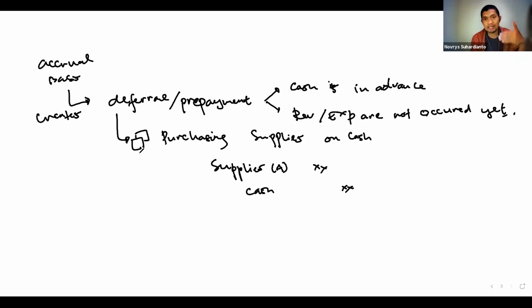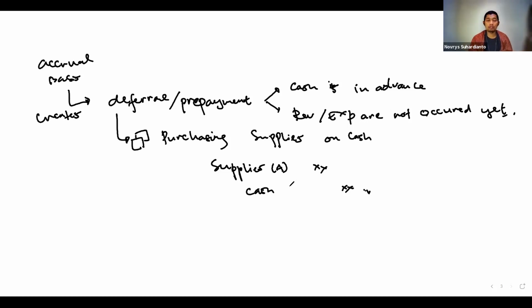The cash is in advance because I already paid the cash. However, the expenses have not occurred yet. The economic benefit of the supplies is still full, not consumed yet.